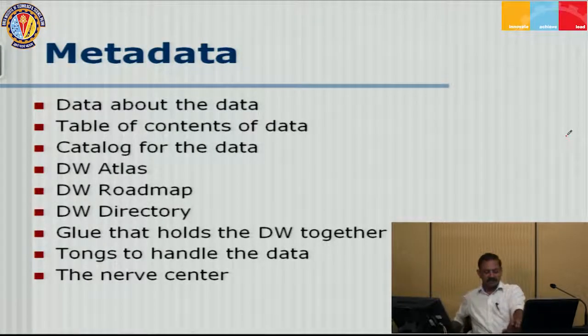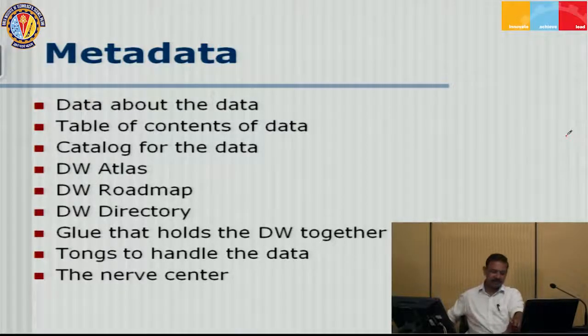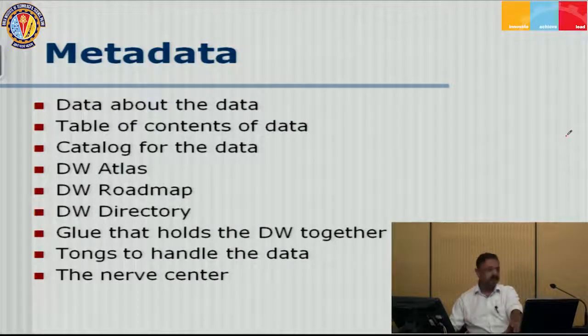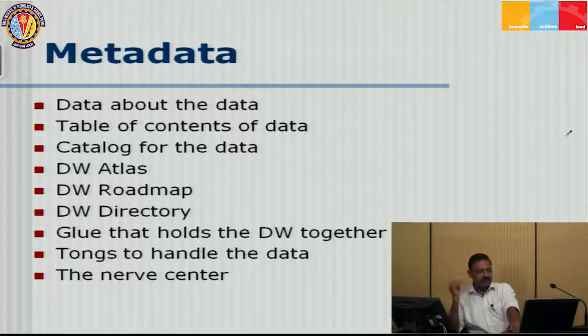Again, a recap of what metadata is, with some more information you would want to know. There are different names given to metadata: data about the data, table of contents of data, catalog for the data, data warehouse atlas, data warehouse roadmap, data warehouse directory, glue that holds the data warehouse together, tongs to handle the data, and the nerve center.